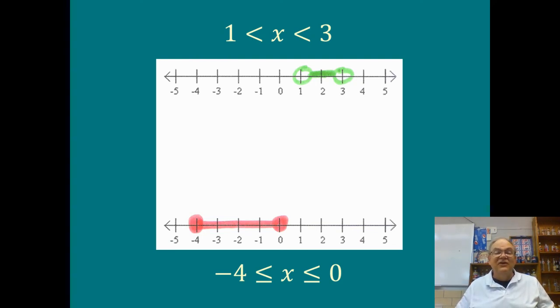The next one says negative 4 is less than or equal to x, which is less than or equal to 0. It's the same kind of thing, except I do fill in the endpoints on that line segment. And again, those are intervals. They're just like the segment that starts one place and ends another.